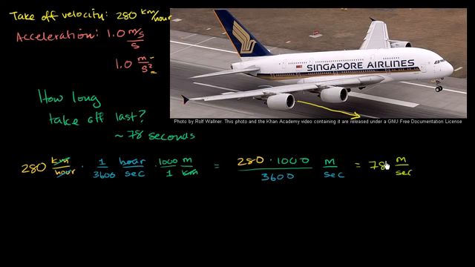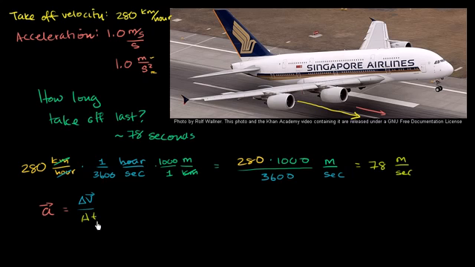And just to verify this with our definition of acceleration, just remember acceleration is a vector quantity, and all the directions we're talking about now are in the direction of the runway. Acceleration is equal to change in velocity over change in time.